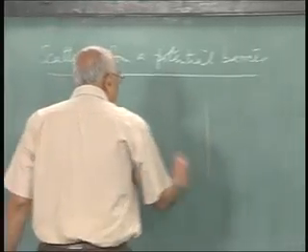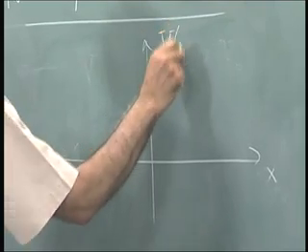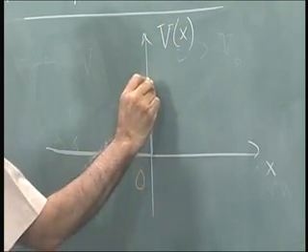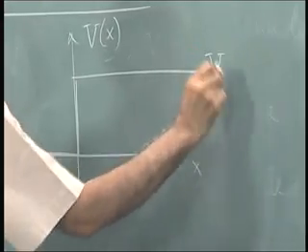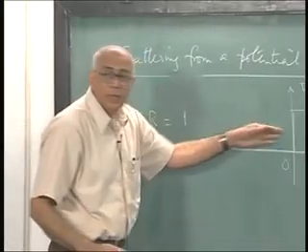So the potential I have in mind is the simplest of all. Here is x, here is V of x, and let us say it is 0 all the way up to 0, and then it is a barrier and you have a V naught. Now we can write down the solution to the Schrodinger equation trivially, because there is no potential here.